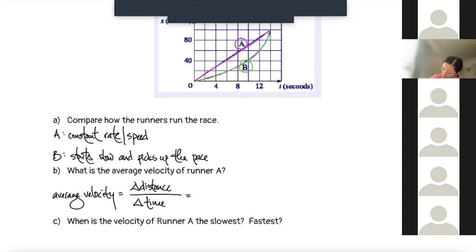Okay, so this is very similar to delta y over delta x, or we're actually finding the slope of the pink line. Okay, so when we find this average velocity and you all are telling me 100 minus 0 and then 14 on the bottom, let's see where those numbers came from.